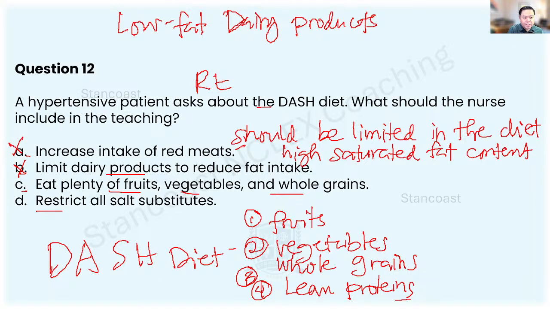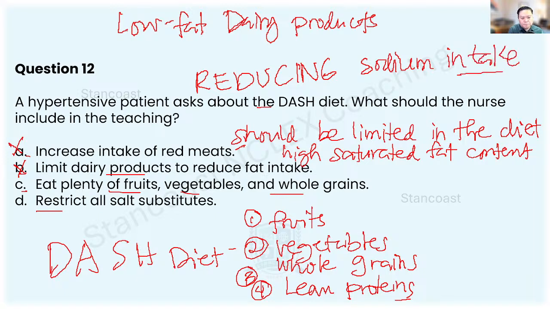Reducing the sodium intake. Fruits, vegetables. Yeah, thank you, Vinus Redoren. Approaches to stop hypertension. Less sodium content in the food items.